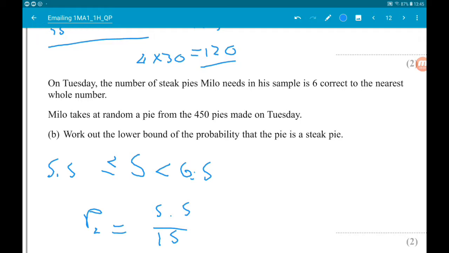So if we multiply top and bottom by, I don't know, 2 or 10, whatever, let's do it by 2. And we would get 11 over 30. And that is the answer. So in the mark scheme they have 165 out of 450, or equivalent. This is equivalent to that.